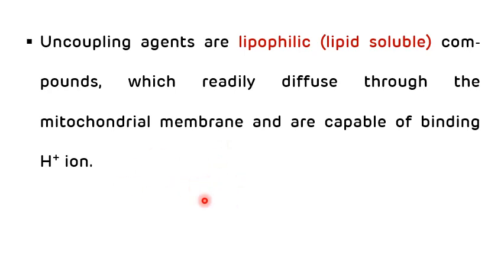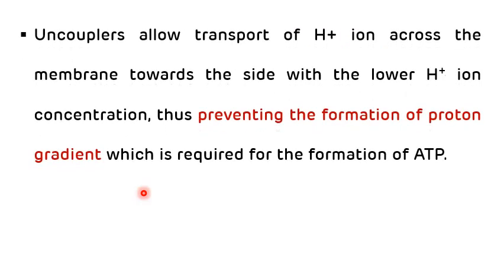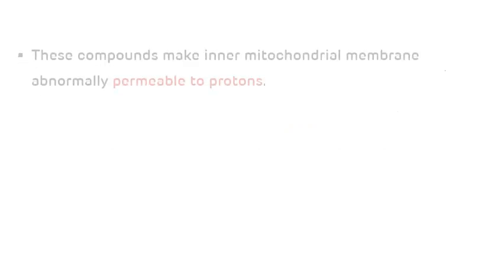Because of their binding to the H plus ion, there will be no proton motive force, because there will be no formation of a proton gradient. That is the first thing. So what will happen?